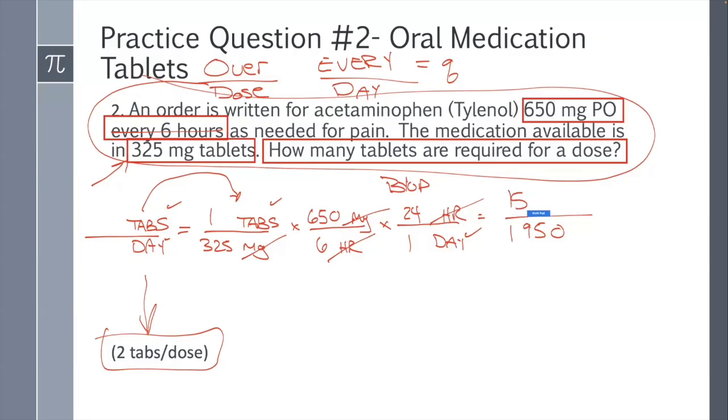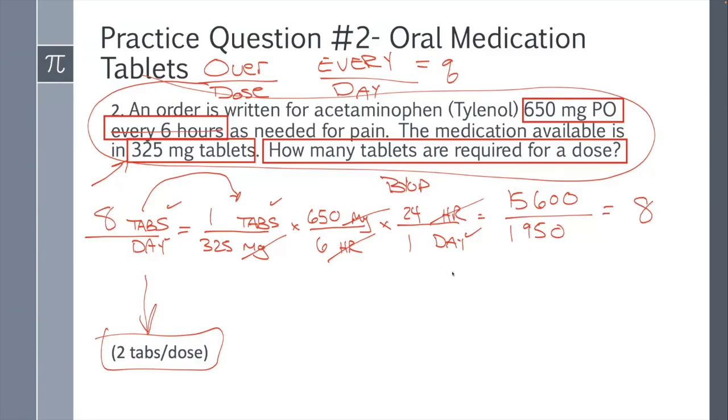So I get 15,600. All I have to do is leave that number in my calculator, and I don't have to worry about adding an extra zero to 600 or forgetting an extra zero and making that 1,560. So all I have to do is leave that 15,600 in my calculator, simply hit divided by the 1,950, chances for user error, and I get a whole 8.